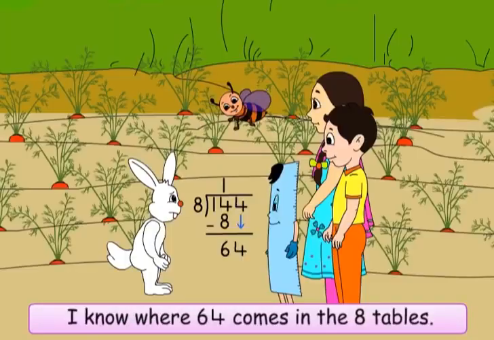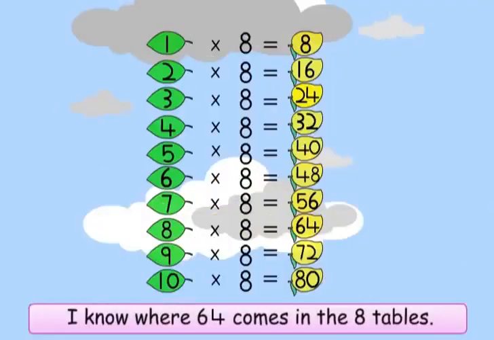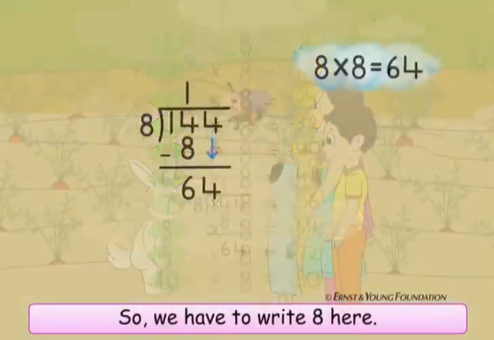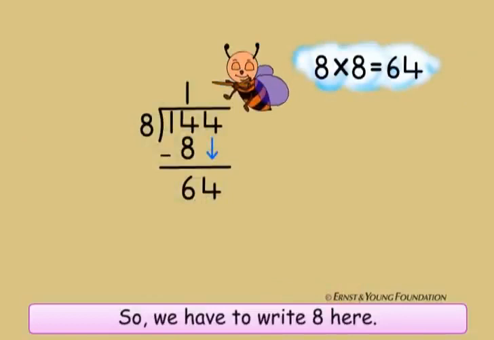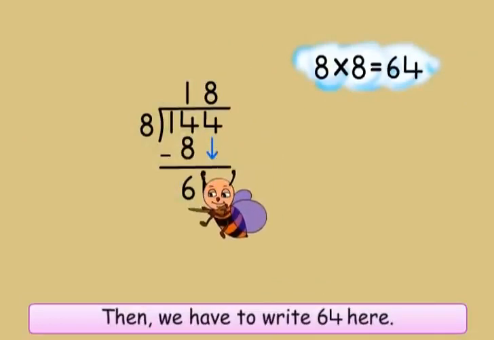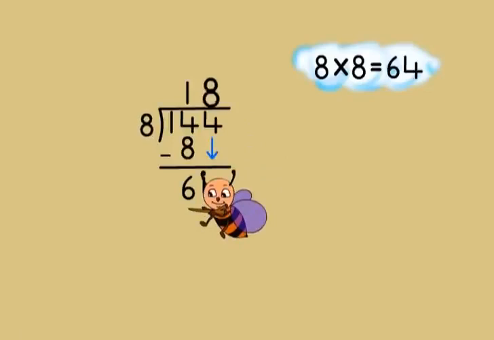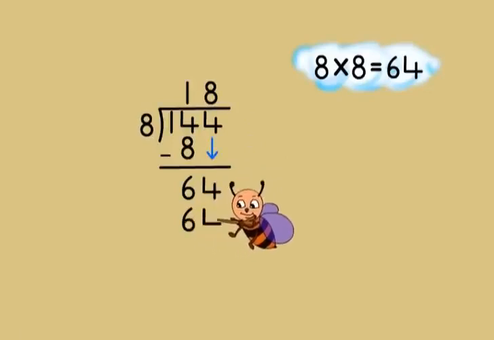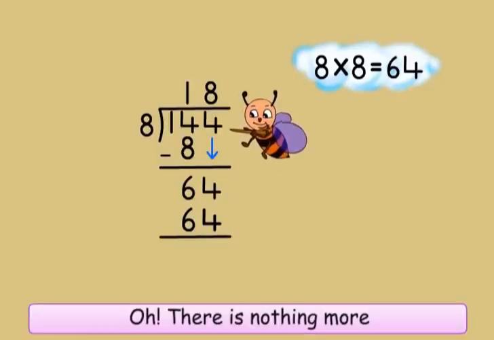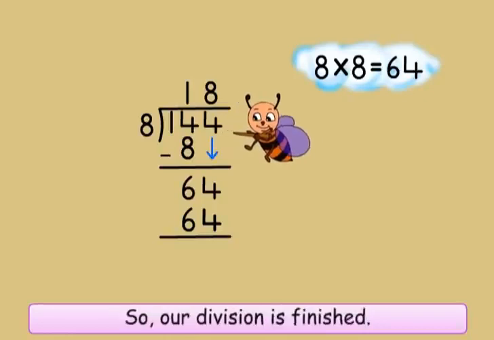I know where 64 comes in the 8 tables. 8 eights are 64. So we have to write 8 here. Then we have to write 64 here. There is nothing more to bring down from the top. So, our division is finished.